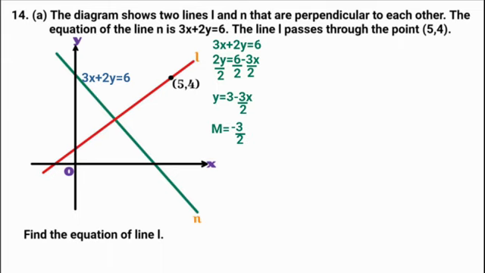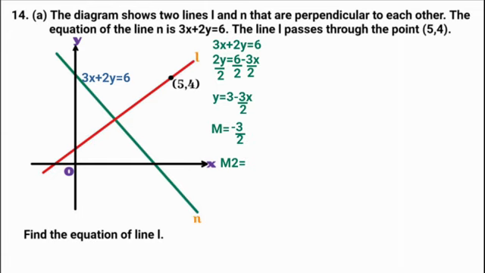Now from this gradient, since we are told that line L is perpendicular to line N, we are going to find the gradient for line L, which we're going to call gradient 2.